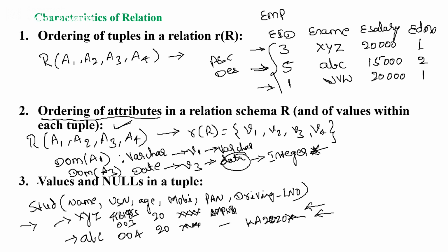These kinds of attribute values can be represented by using null in the table, where the value is not applicable, not mandatory, or unknown for that particular tuple. In that case, we represent those values as null. So these are the three characteristics of a relation, the last one being values and null values in a tuple.